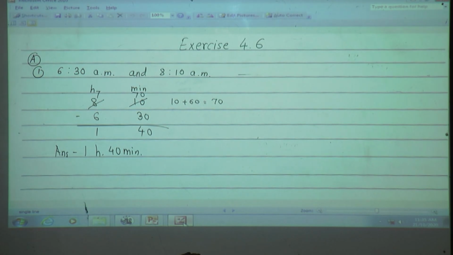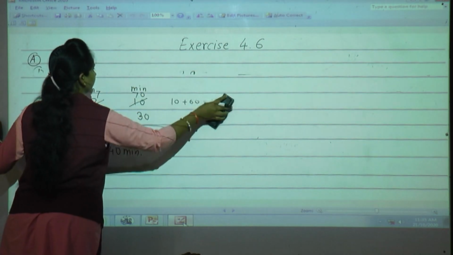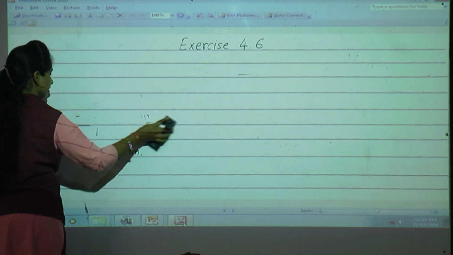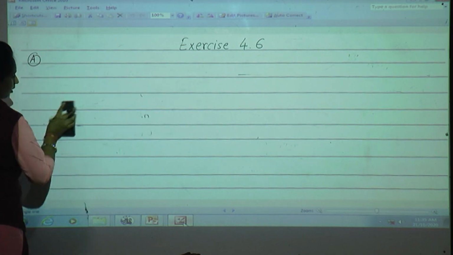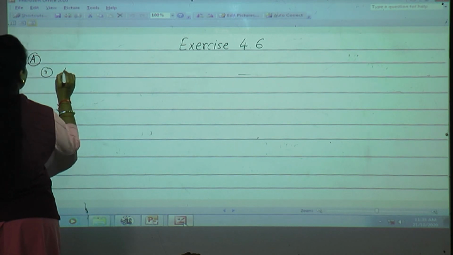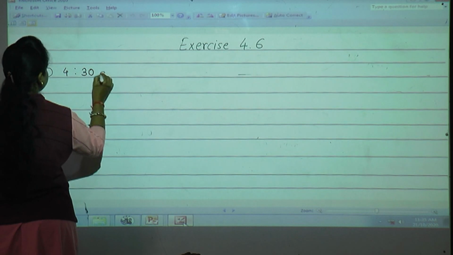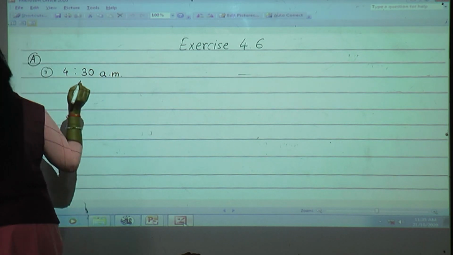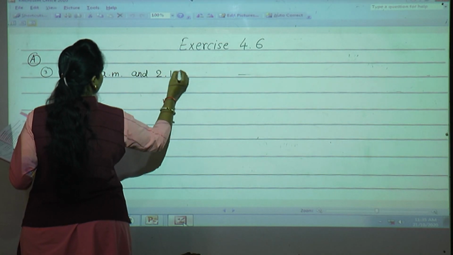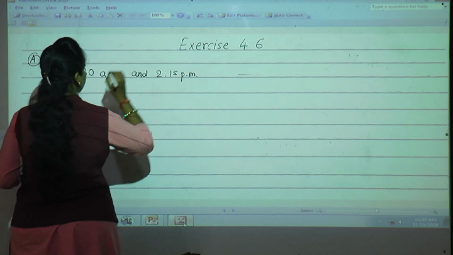Third one I will solve for you. Now see, the third one is very interesting. AM and 2:15 PM.